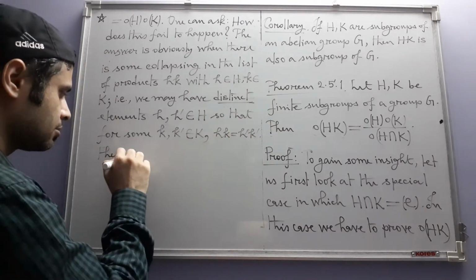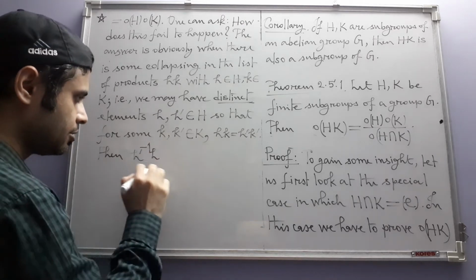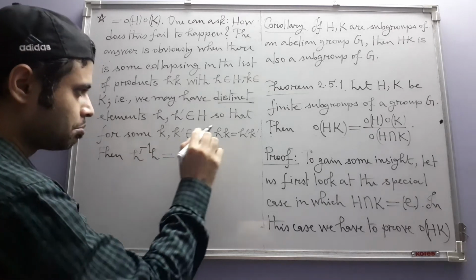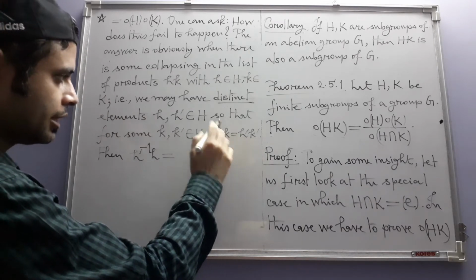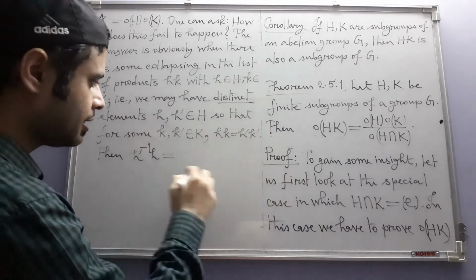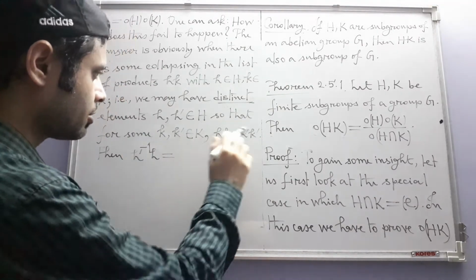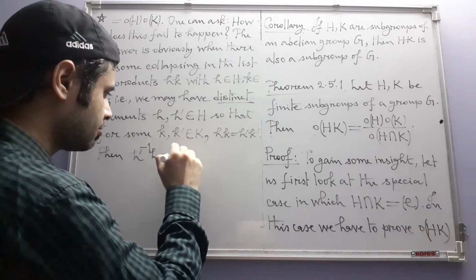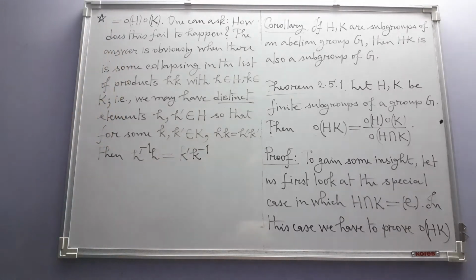That will give us h prime inverse h, and we can post multiply both sides by k inverse. So on the left hand side k inverse and k will cancel out. On the right hand side we will have k prime k inverse.